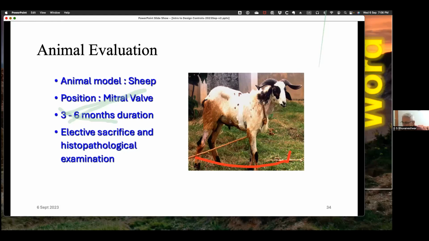Then we tried pigs, and finally we found that sheep as an animal model worked well. All this involved the clinical side, the cardiac surgeons and our anesthesiologists from the hospital. We had a veterinary surgeon to help manage these animals, but still it's a big challenge and expensive.